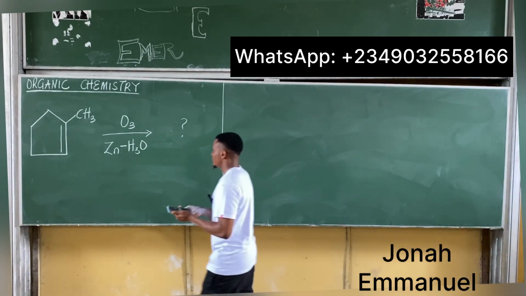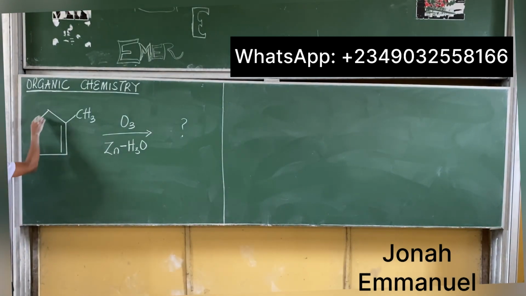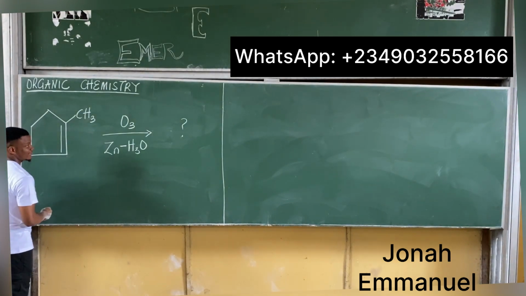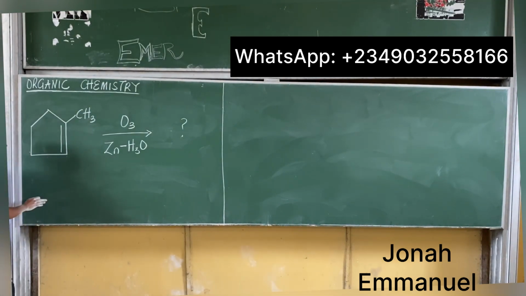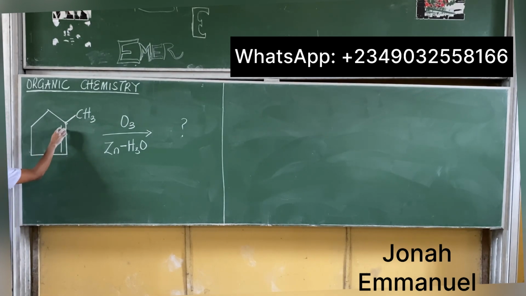First things first, what's the name of this compound? 1, 2, 3, 4, 5. That is cyclo, cyclopent. There's a double bond, so pentene. So cyclopentene, and the methyl is attached to the carbon bearing the double bond.